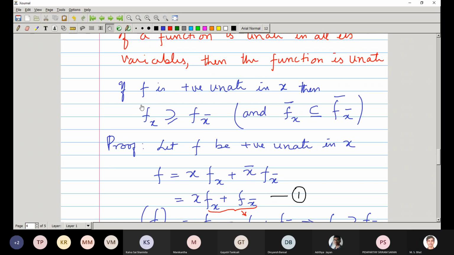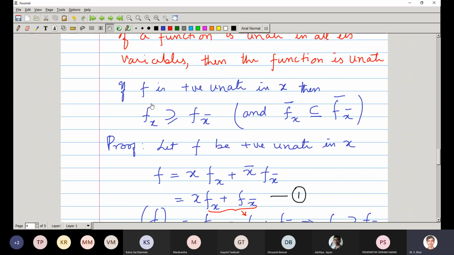When you take the cofactor of F with respect to X, you get Fx. That gives you all the cubes of F with X set to 1.